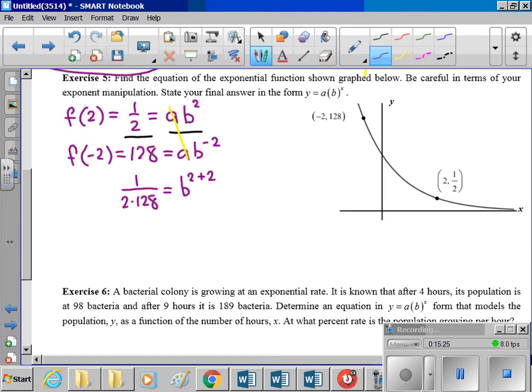If you need to review your rules of fractions or rules of exponents, please do and come back in a minute. Otherwise, we're going to move ahead. 2 plus 2 is, of course, 4. So we have b to the 4th. So we can solve 1 over 256 equals b to the power of 4. And then we're going to have to take our 4th root with our calculators.